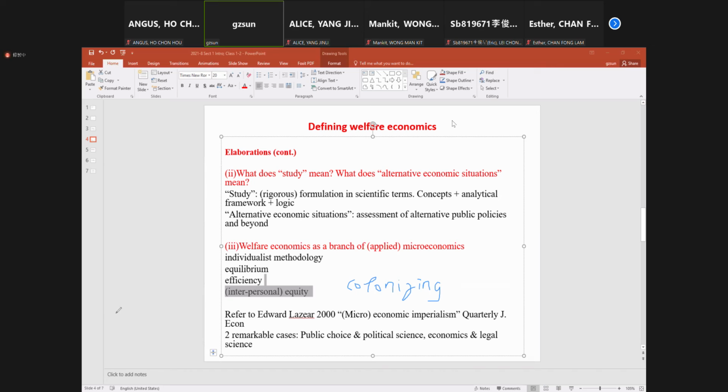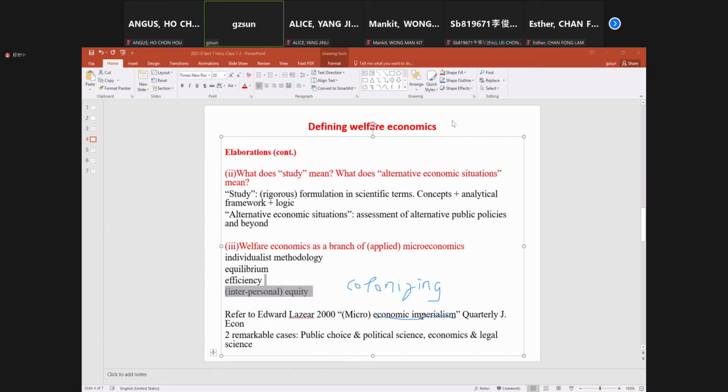And now, why is economics so powerful? Why can economists be such colonizers, imperialists, 经济学帝国主义? You know, imperialism is a very bad word. You take advantage, you bully other people, basically.